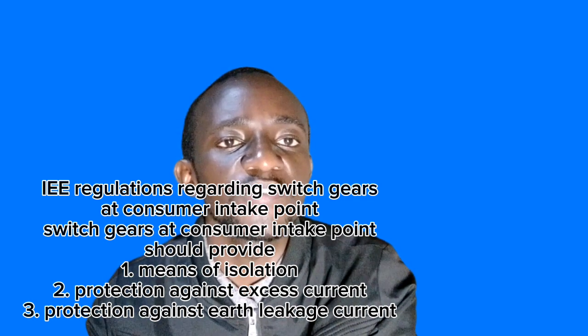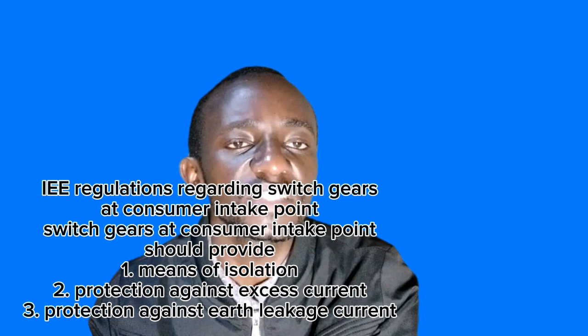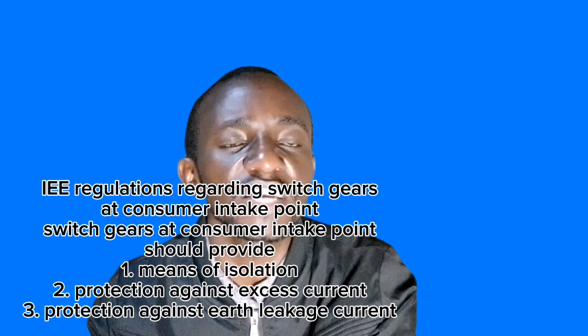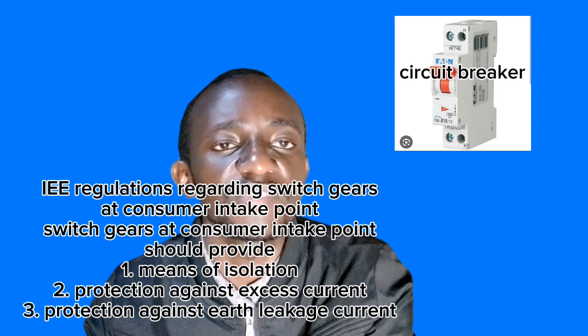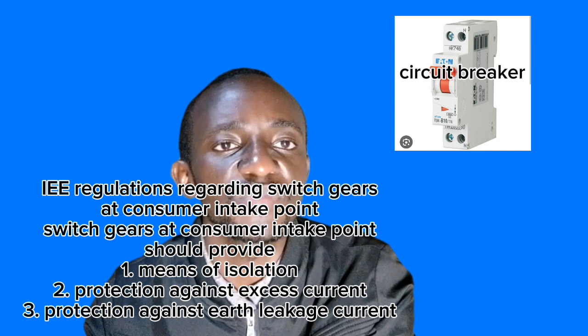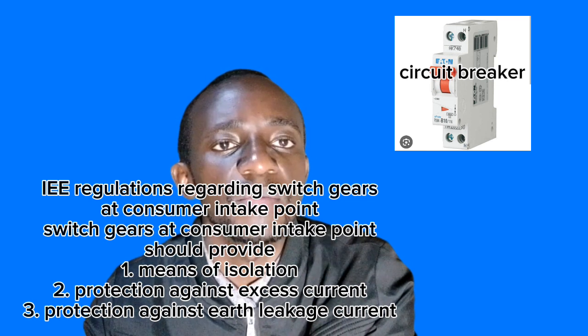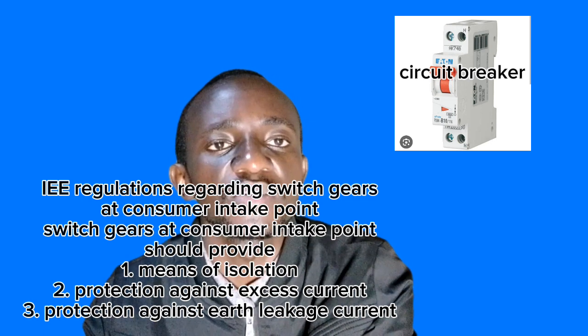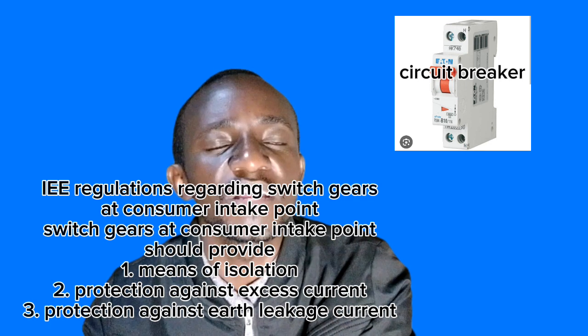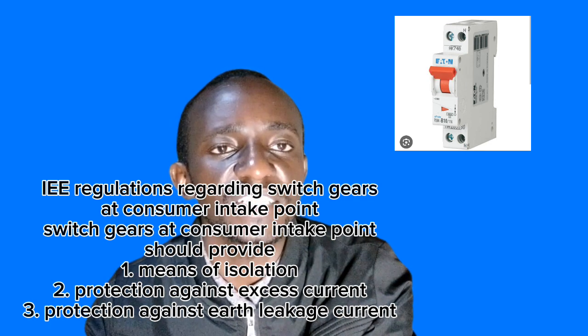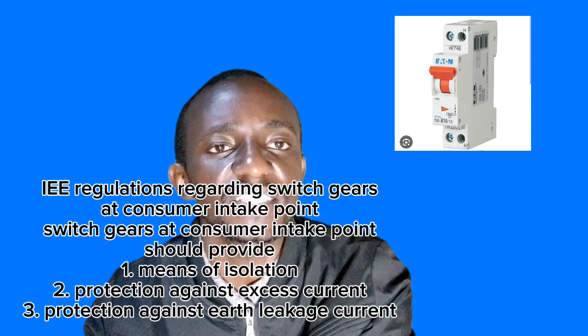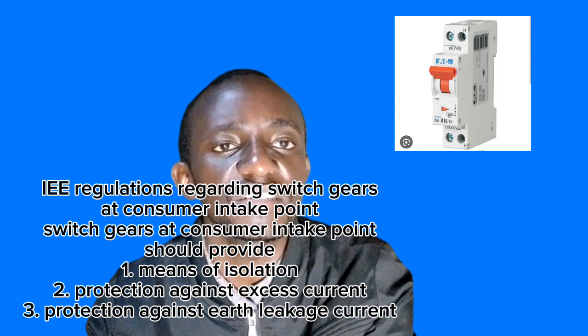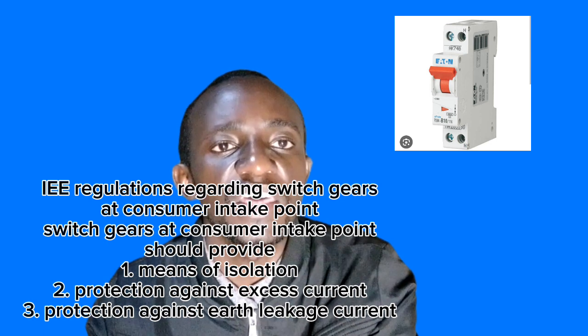And if you are not using reliable fuses, then it is recommended that you use circuit breakers. With the advancement of technology, circuit breakers are the best switch gears for the distribution board, so mainly people use circuit breakers. If you're using circuit breakers, they can be pulled down if need be. That is the means of isolation.